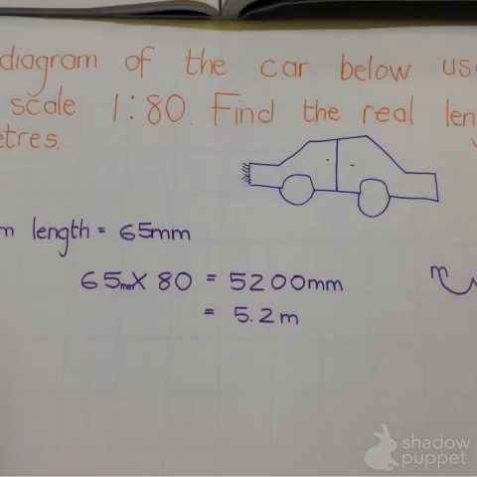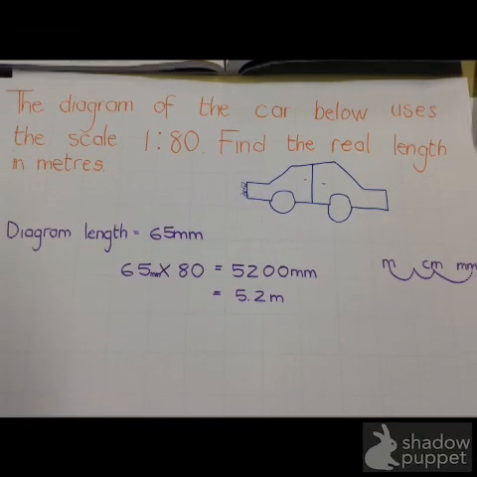Now, in the next question, they're going to say to us, write the diagram of the car. So now we're looking at a real thing. Now, you're going to get some pictures, and please ask me for them because I photocopied them, where you're going to have to measure a few things. So this diagram of the car, beautiful car that I've drawn here, uses the scale of 1 is to 80. Find the real length.